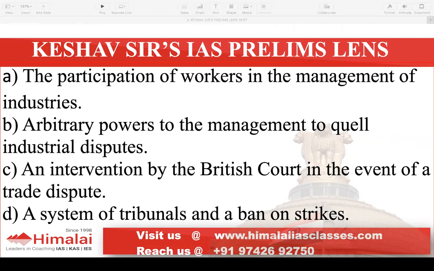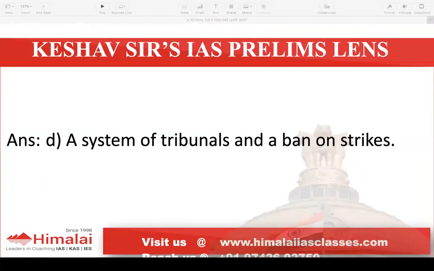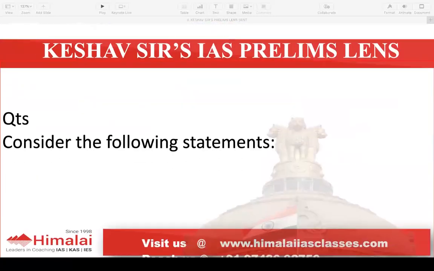So definitely they won't encourage what is stated in statement A. B, arbitrary powers they would not have, but they're bringing a law so that they can quell the industrial disputes. Option C, they would not do that because then the litigation would increase in the court and it would become a long run process. This is the time when Bhagat Singh threw the bomb in the central legislature assembly. So here the option is D, a system of tribunals and a ban on strikes.